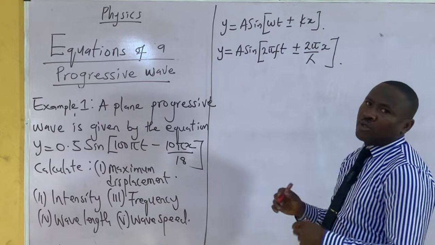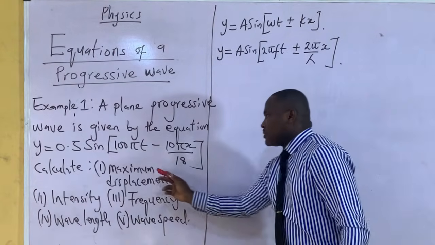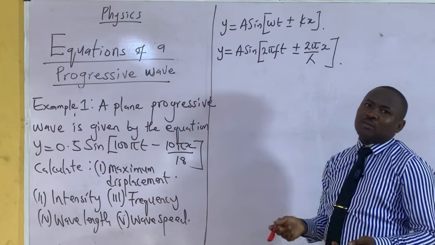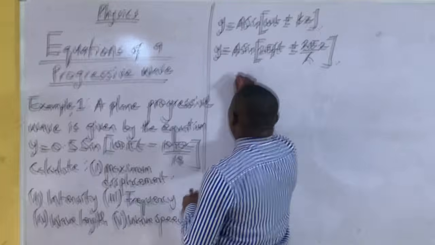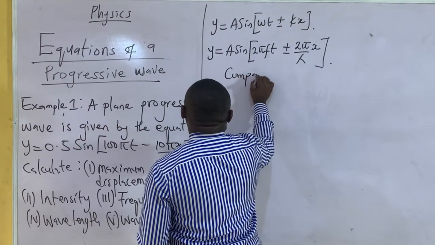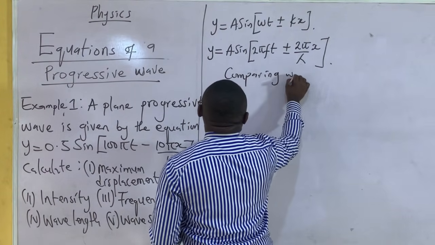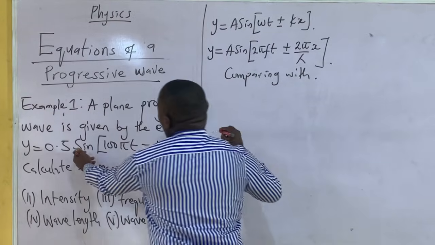Now, question number 1 says, what is the maximum displacement? Maximum displacement is amplitude. Therefore, you compare. Comparing with, what are we comparing with?